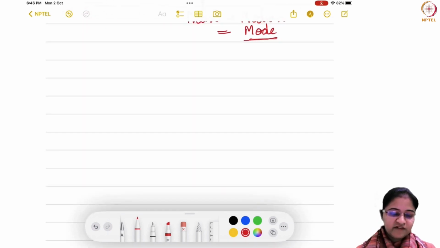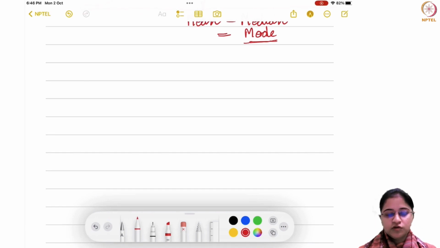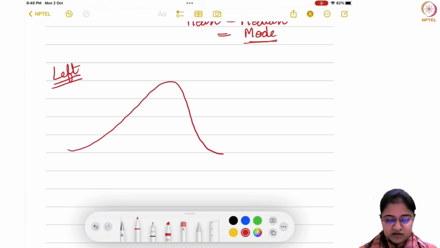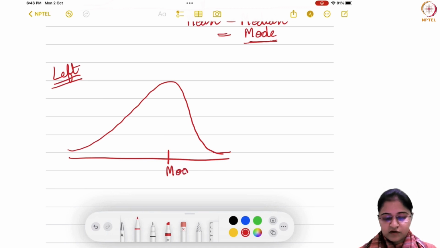Next, if you have left skewed, it means that the tail would be towards the left. To remember this, it will look something like this. The peak is here, which means the mode will be here. And here you have some lesser values, which have taken the mean with them, and the mean is coming here.